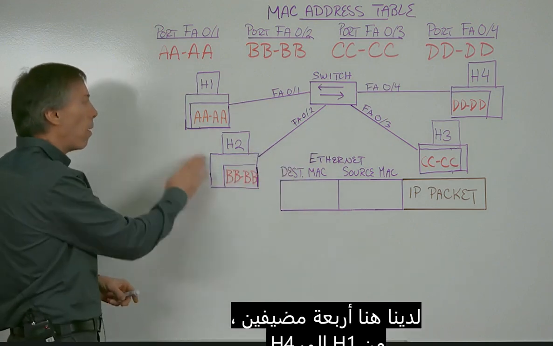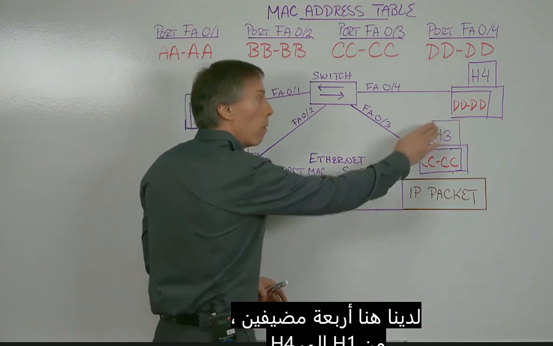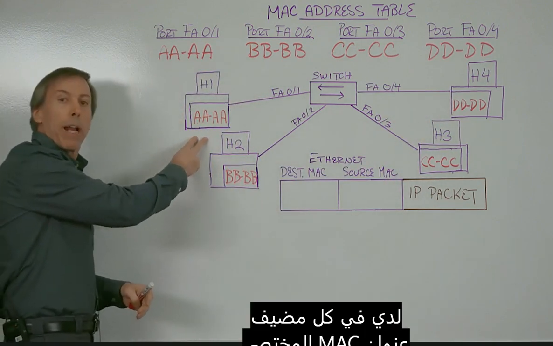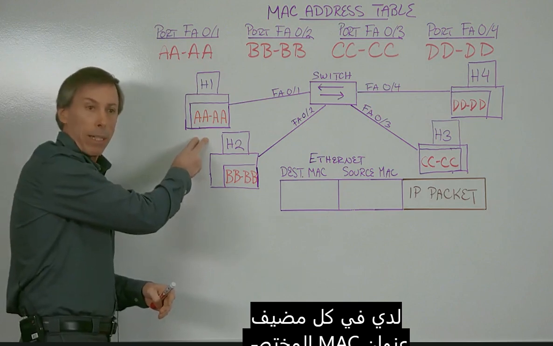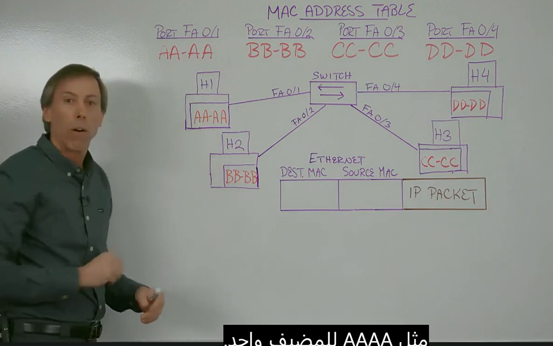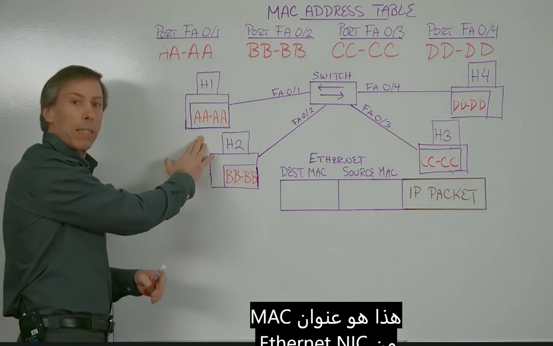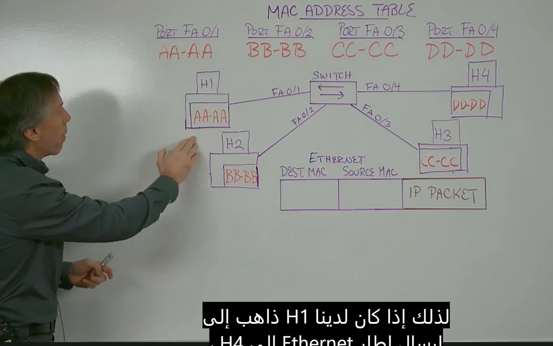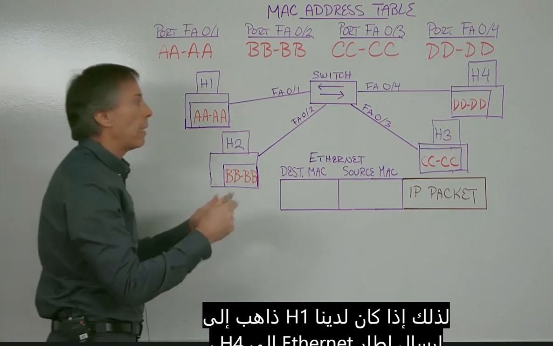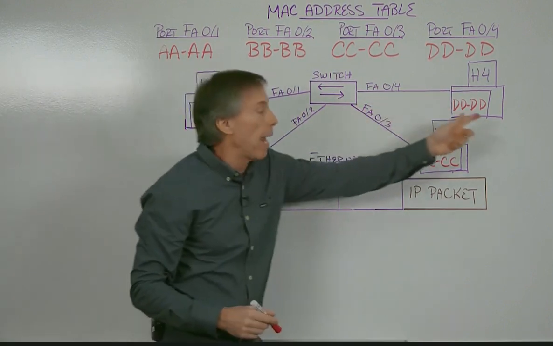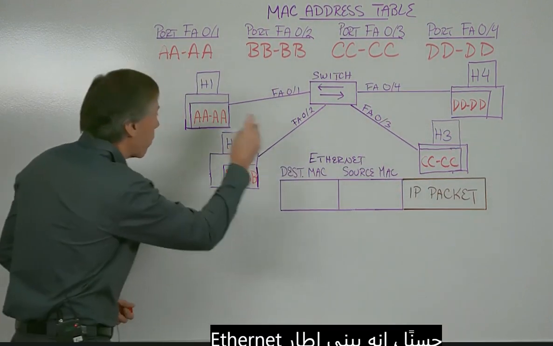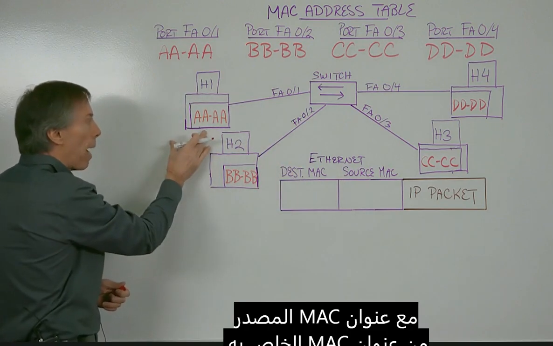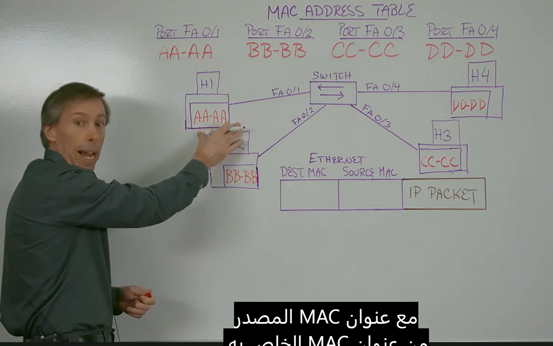Here we have 4 hosts, H1 through H4. I have on each host an abbreviated MAC address, like AAAA for host 1. That's the MAC address of its Ethernet NIC. So if H1 is going to send an Ethernet frame to H4, it builds an Ethernet frame with the source MAC address of its own MAC address.